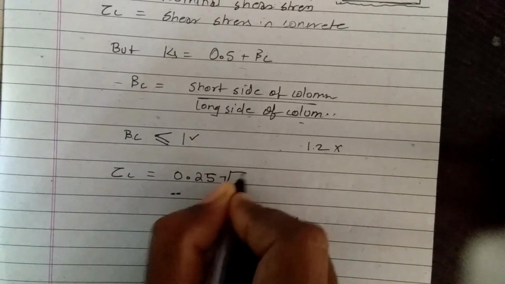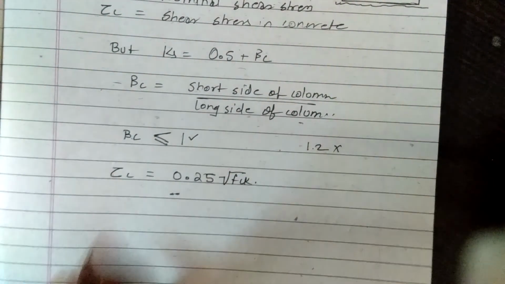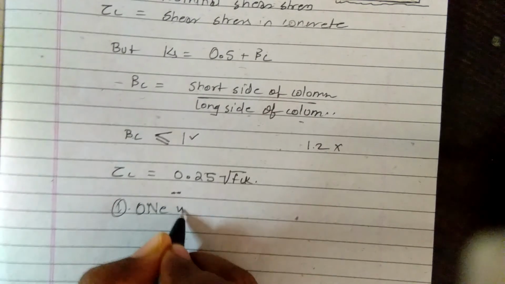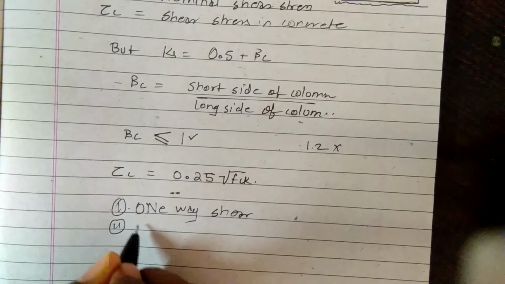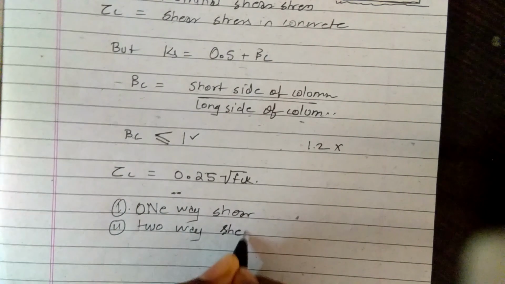0.25 root fck, characteristic strength. Okay, by this you will find out one way shear and second two way shear.